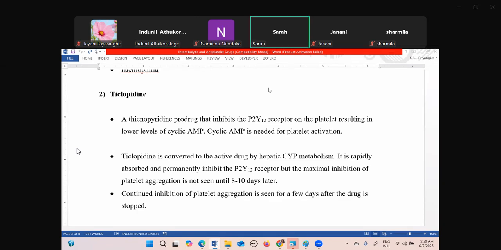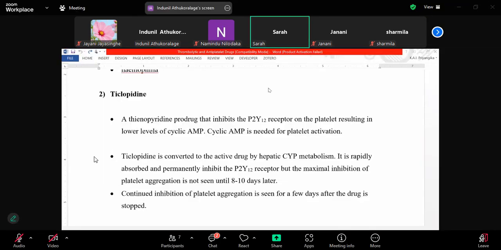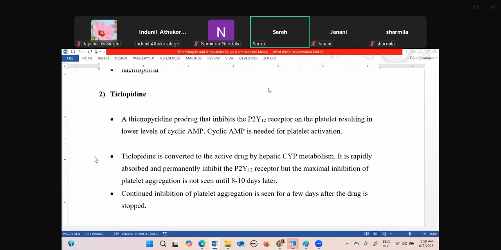Cyclic AMP level will go down. Okay, cyclic AMP level will go down. So when the level goes down, how does it affect and why? The activation will be reduced. Reduced, because for the activation the body needs cyclic AMP, right?